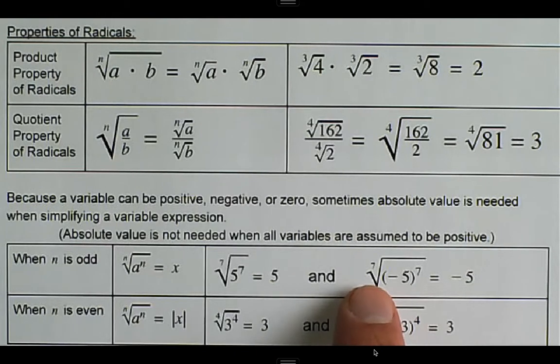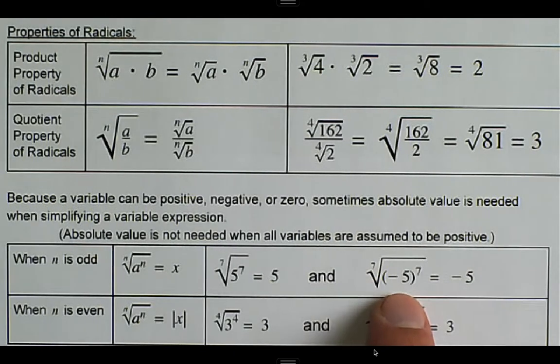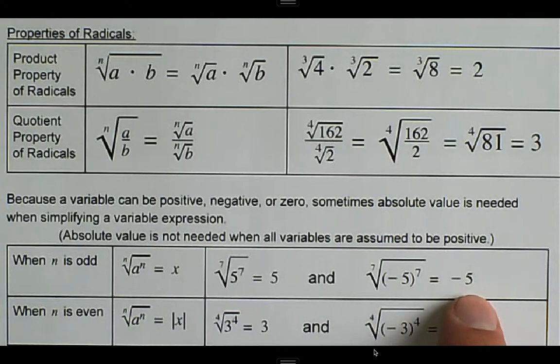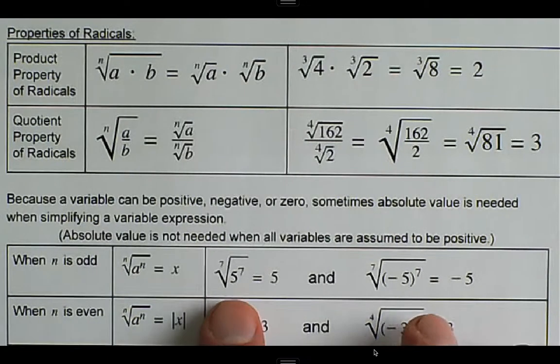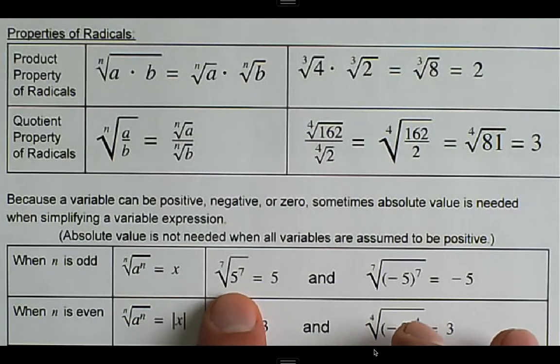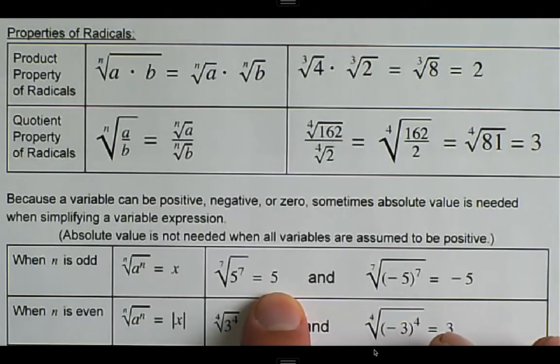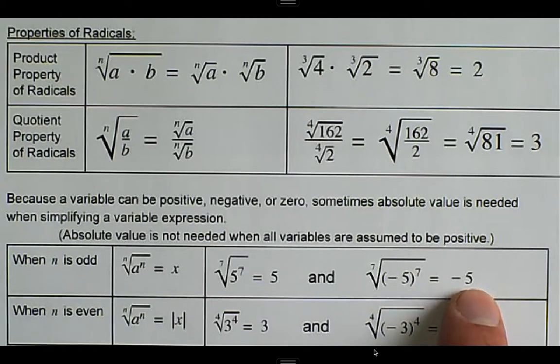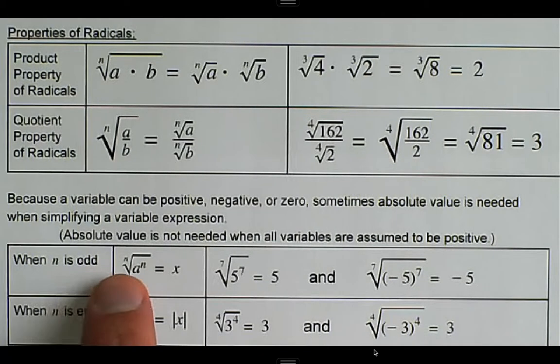Same thing where we say the seventh root of negative 5 to the 7th. When we do this math, we get negative 5. So if the radicand, the number under the radical, is positive, we're going to get a positive answer. If the number under the radical is negative, we're going to get a negative answer. That's if our radical, our nth root, is odd.